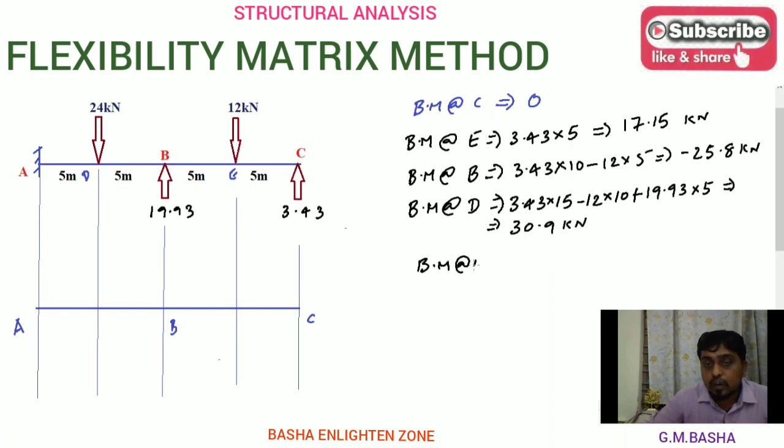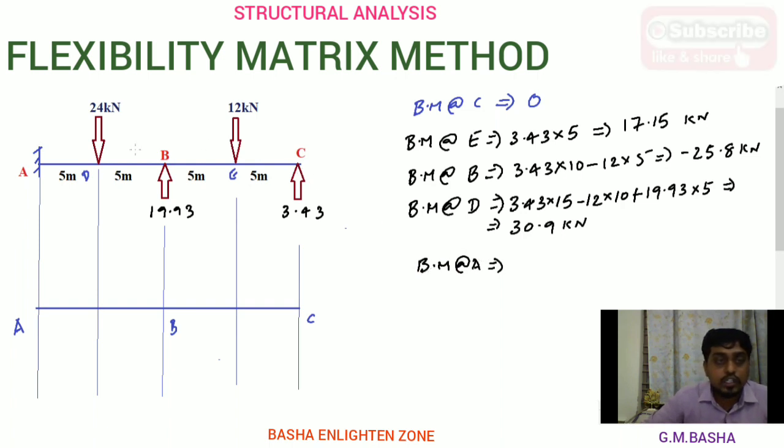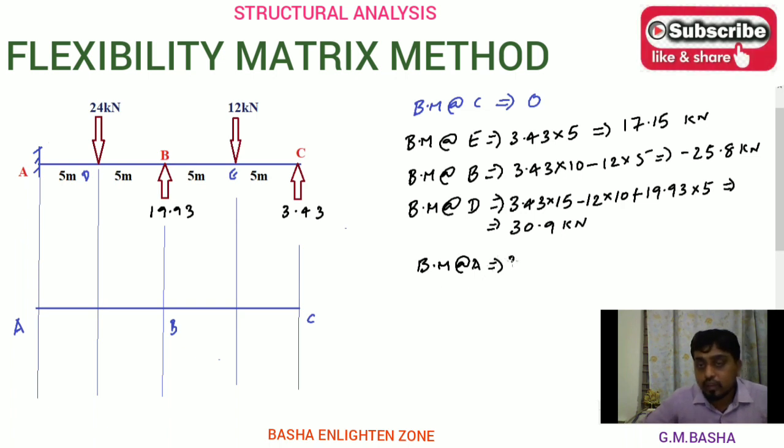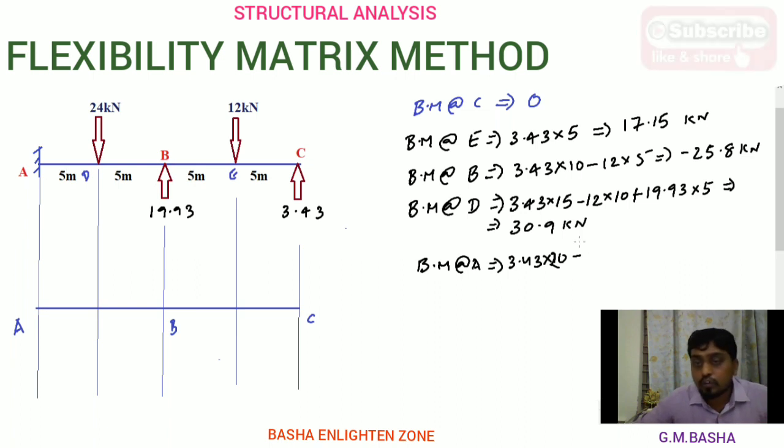So bending moment at point A. Again I am resolving up to this moment here. Force into distance is the moment. 3.43 into the distance up to A, which is 20. Next one is 12 into up to A, 15, so 12 into 15.